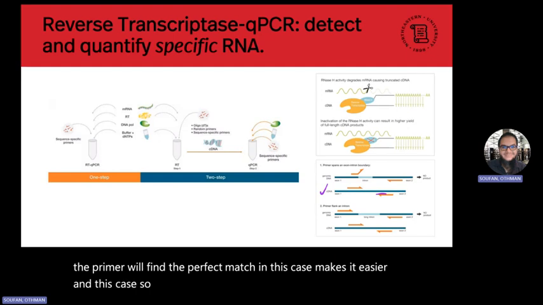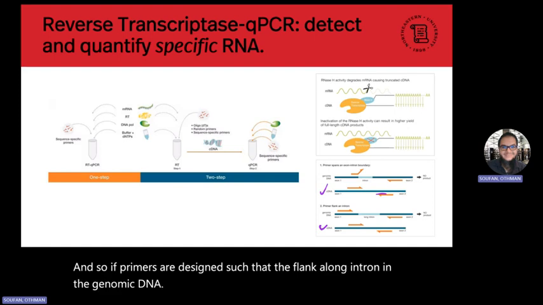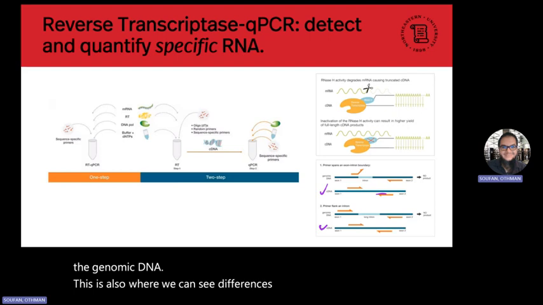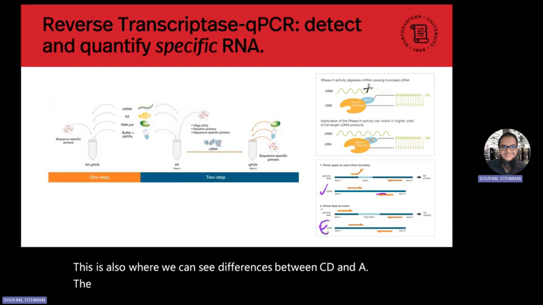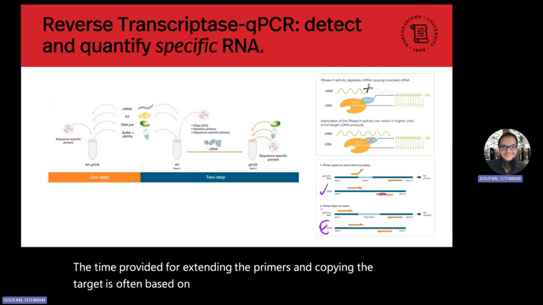And again, as we see here, primers can flank introns. If primers are designed such that they flank a long intron in the genomic DNA, this is also where we can see differences between the complementary cDNA and the genomic DNA. During PCR, the time provided for extending the primers and copying the target is often based on the expected size of the target.